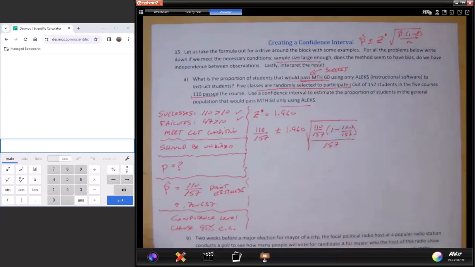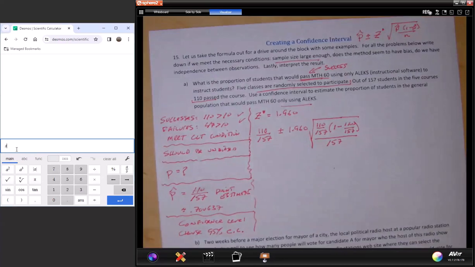So let's say I calculate the standard error first. What is the standard error? It's the square root of, and I'm going to click the fraction button. Notice I didn't click the square root button, I just typed SQRT to get that. I'm going to put this in the denominator so I won't lose track of where the denominator is, 157.